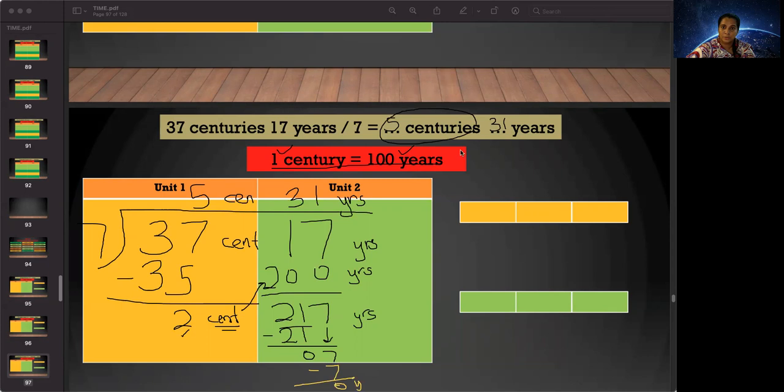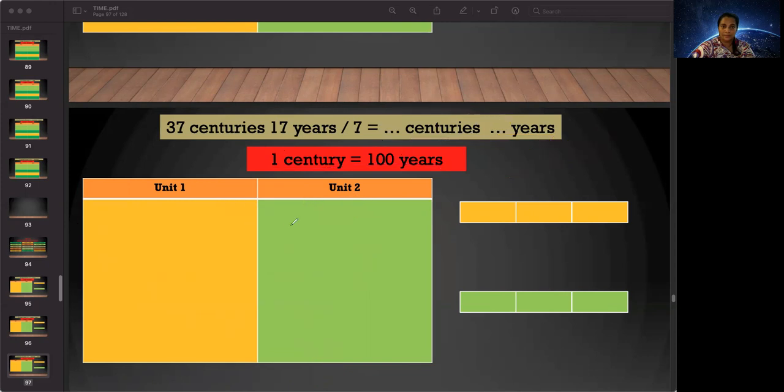So 1 century is 100 years, 5 centuries would be 500 years. So that would give you, plus with your 31, 531 years. This is if the question required you to answer in years. If not, you can just leave it as centuries and years. All right, that's good.